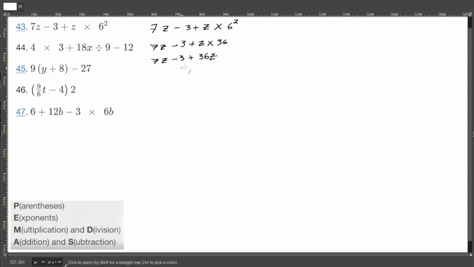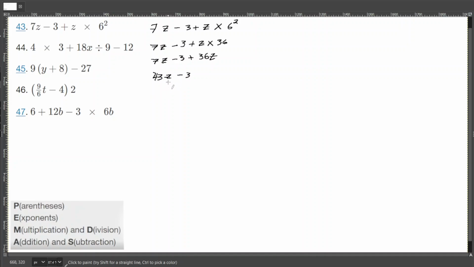And now it looks like the 6 squared was not going to combine with the 3. The 7z would combine with just the z term. But now what we're going to have is 7z plus 36z, so what's that going to be? 37, 38, 39, 40, 41, 42, 43, so that's 43z minus 3.